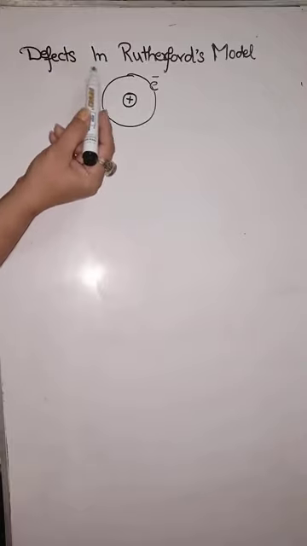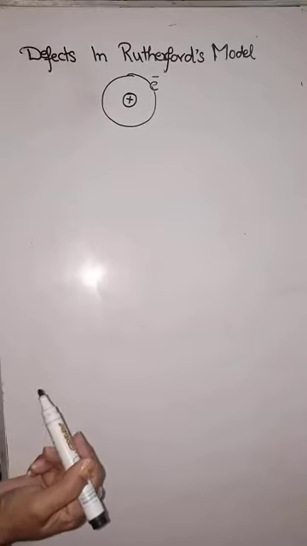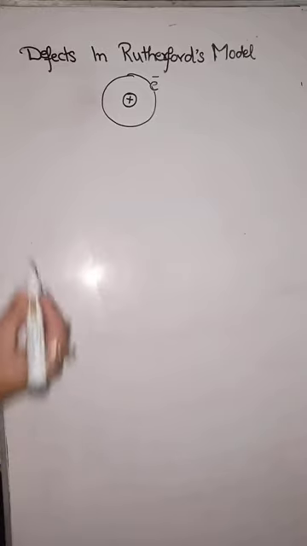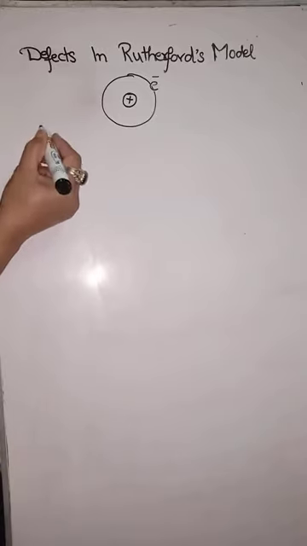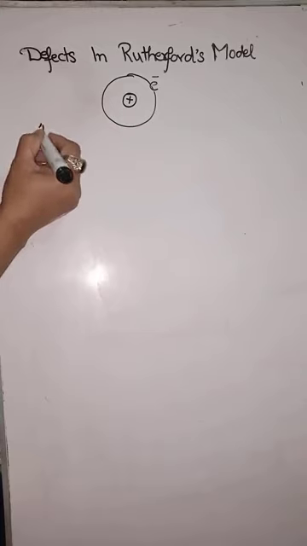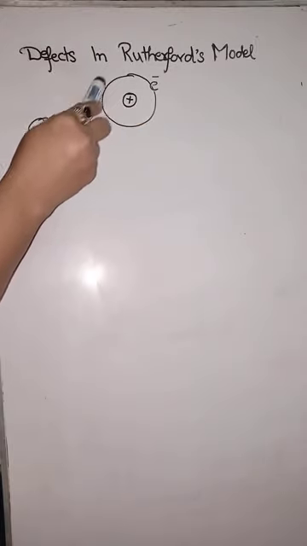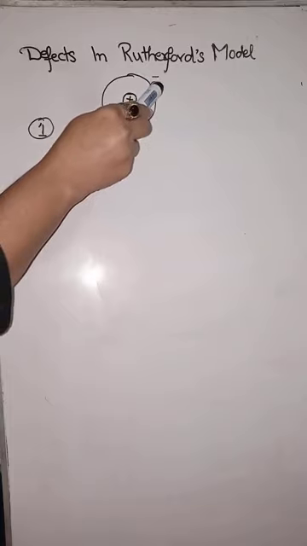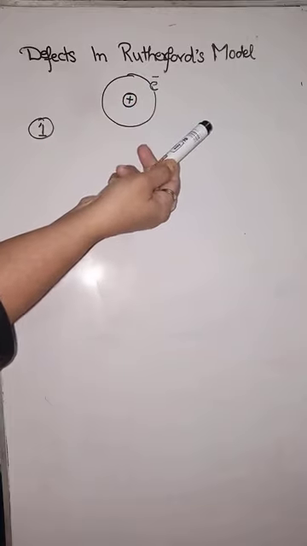Now see what the defects in Rutherford's atomic model are. There are two main defects. What is the first defect? According to Rutherford, when an electron is moves around the nucleus, this electron possesses certain energy.